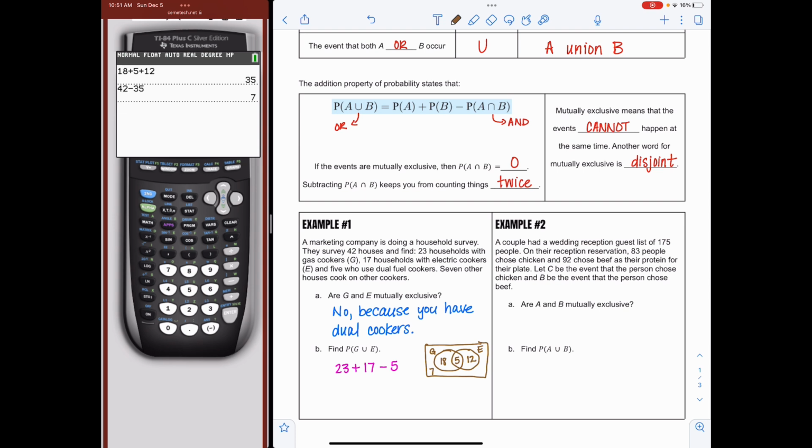And remember, I have to do it out of 42. I would have a total of 35 out of 42. And if you want to, you could simplify it, and that will end up giving you 5/6.